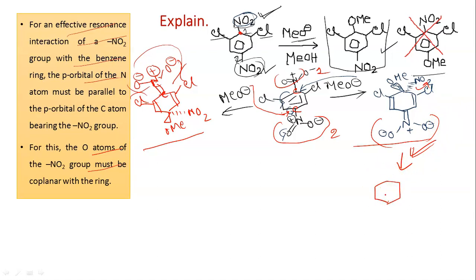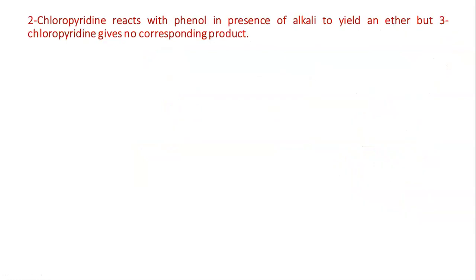The final product that we will get, this is our only product. This is actually this product, not the second one. Okay, so that is all about this problem. Next we will go to the second problem.